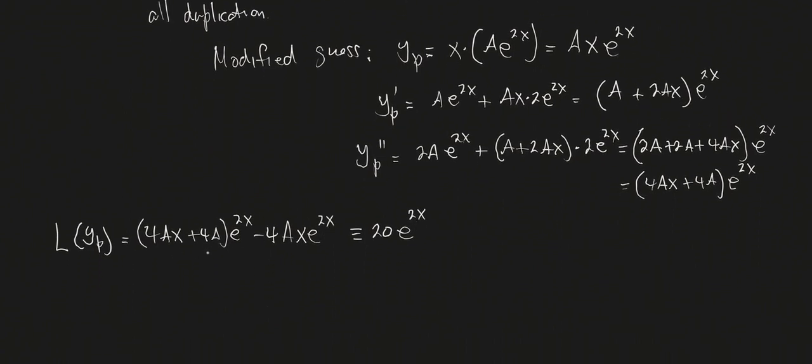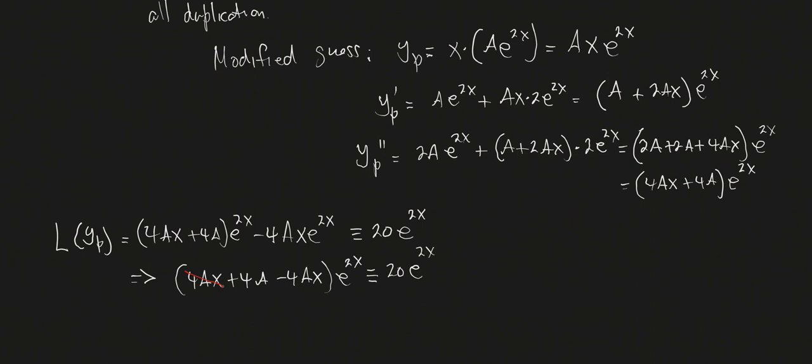Well, here's what's cool, right? If I factor out the e to the 2x on this side, this gives me 4ax plus 4a, and then minus 4ax, all times the e to the 2x, and that has to be identically 20 e to the 2x. But notice what happens when I apply the operator: the terms that involve the x go away, right?